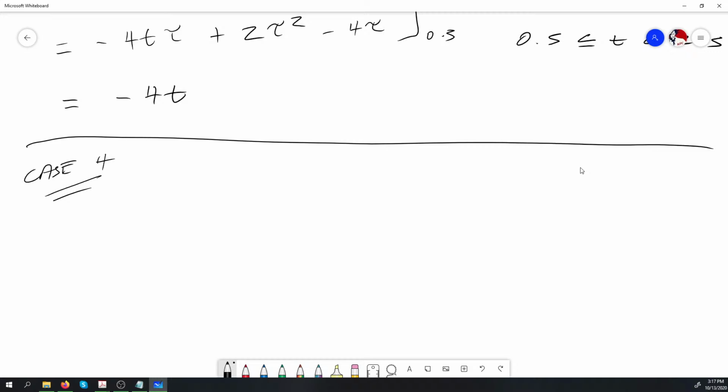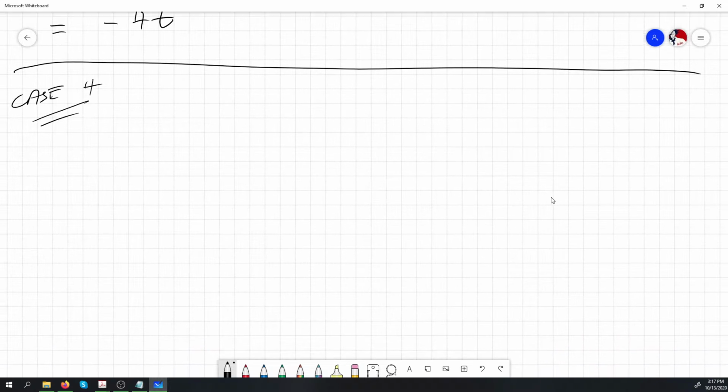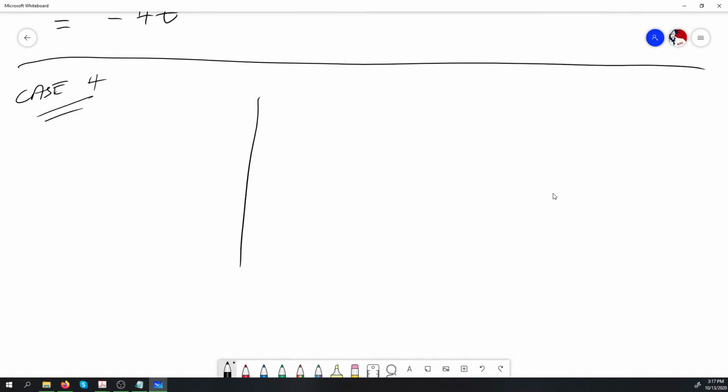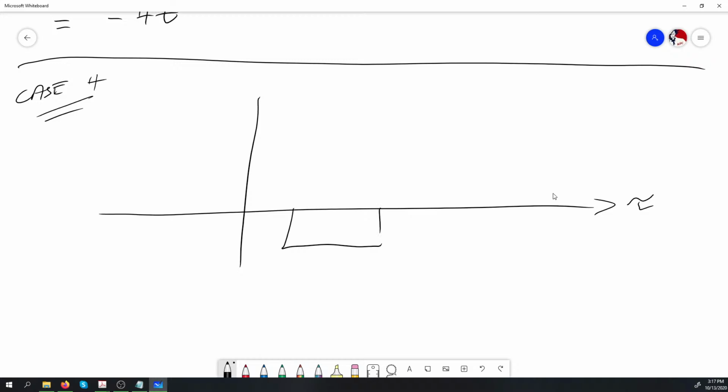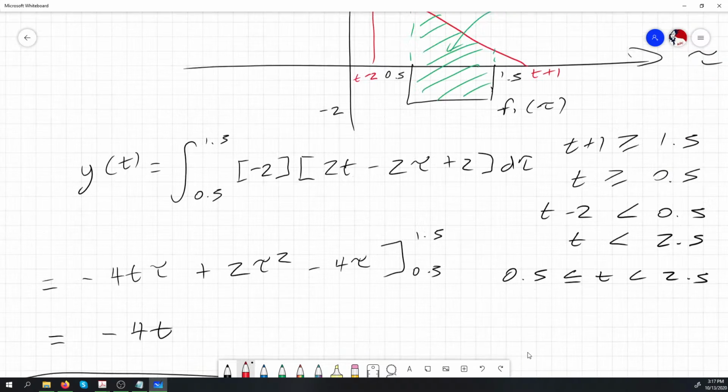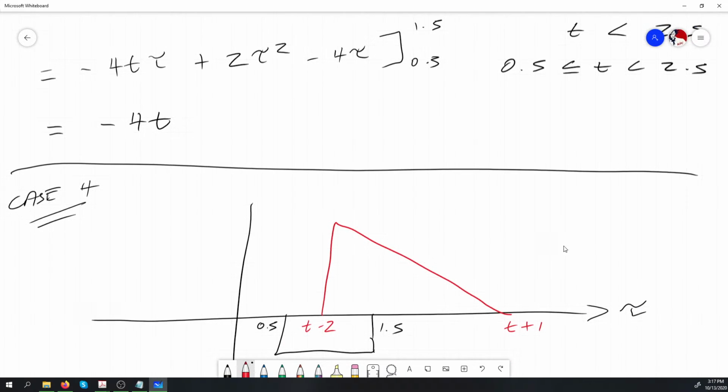Case 4. Let me draw back our graph here accordingly.